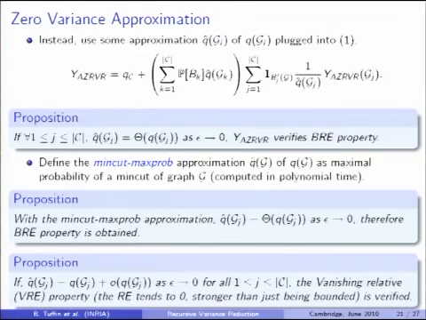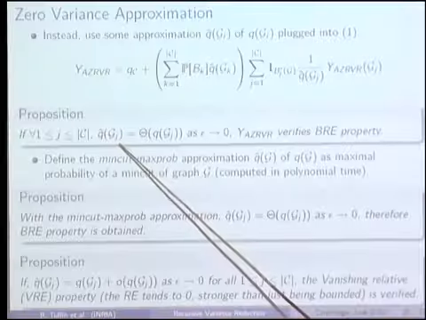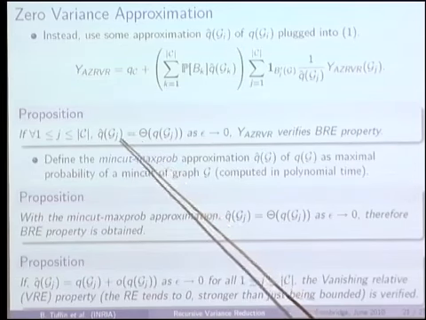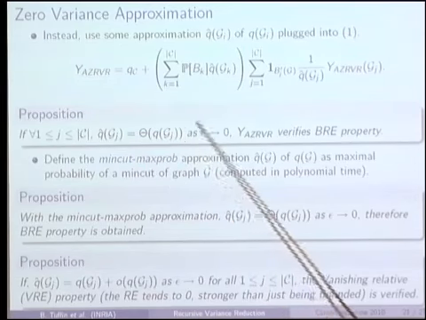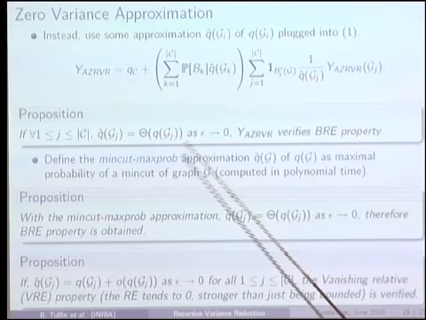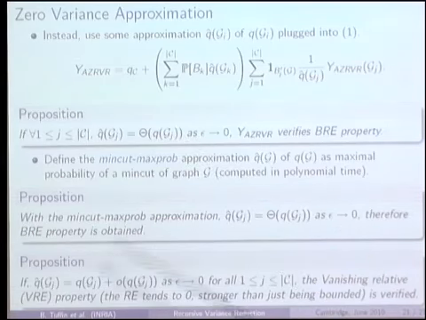And what we can prove is that if we have a sufficiently good approximation of the different unreliabilities of the graph, let's say here that they are of the same order of magnitude as epsilon tends to 0, then our estimator will have the bounded relative error property.